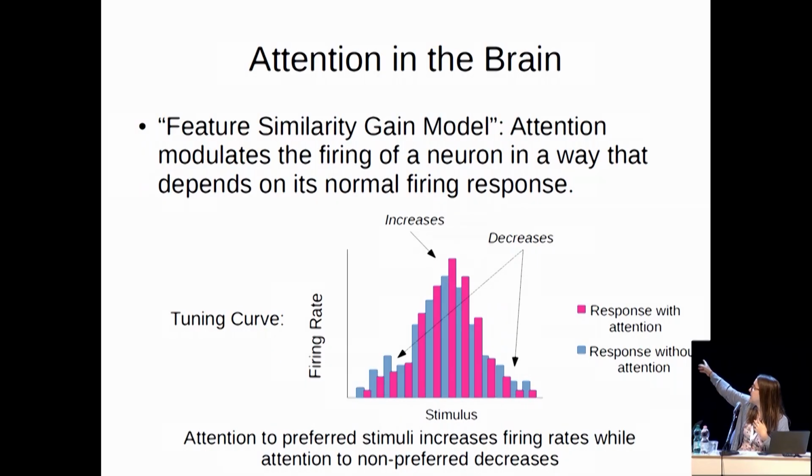And for the stimuli that the neuron doesn't prefer, when those features are being attended, the neuron's firing rate decreases. So according to this model, which is called the feature similarity gain model, whatever is being shown, the neuron's firing rate will be higher than average if it was cued to its preferred feature, and lower than average if it was cued for something it doesn't like. So it changes each neuron differently based on these properties.